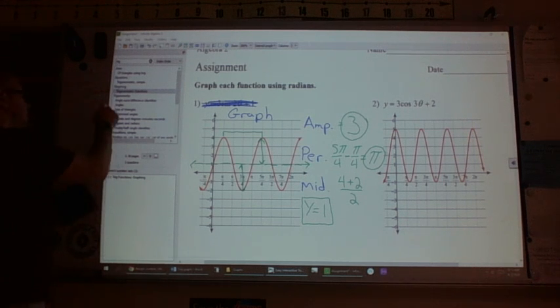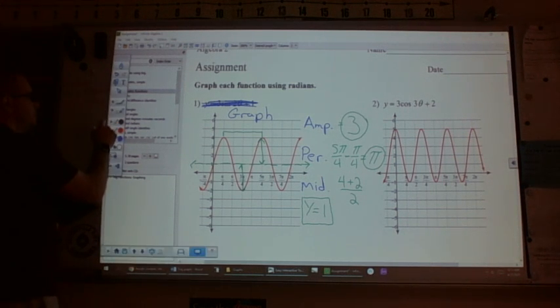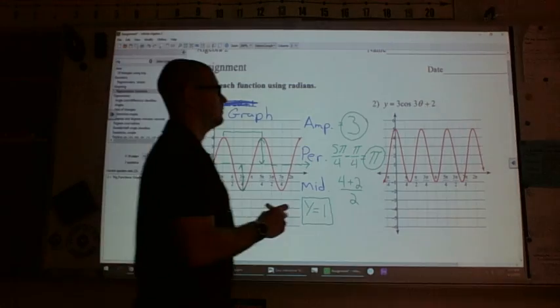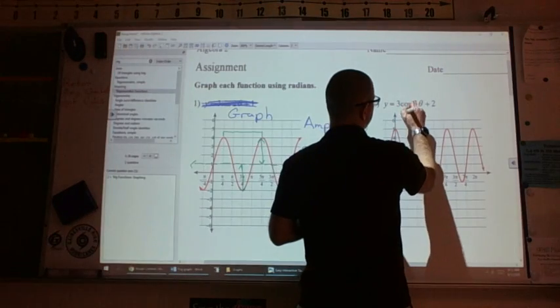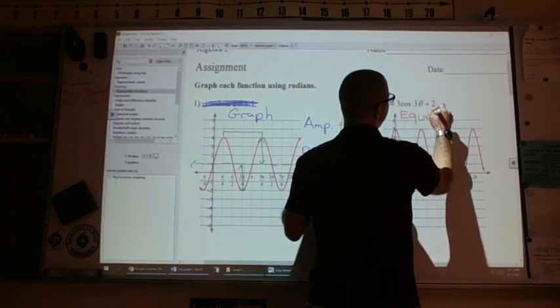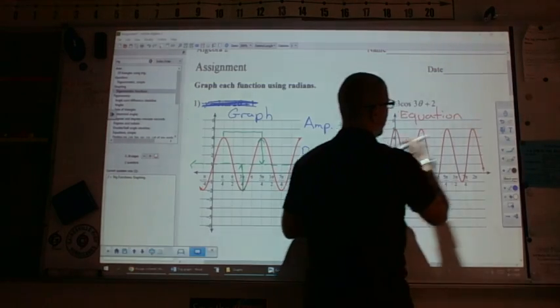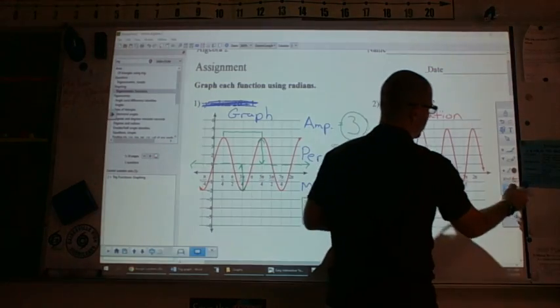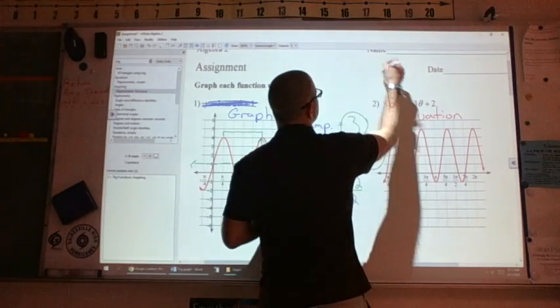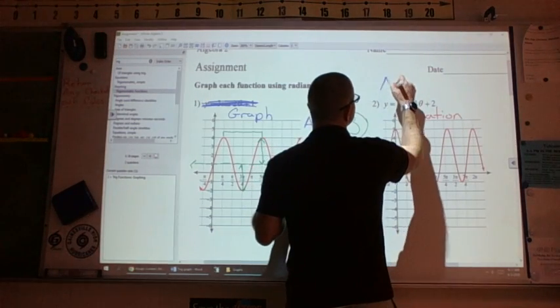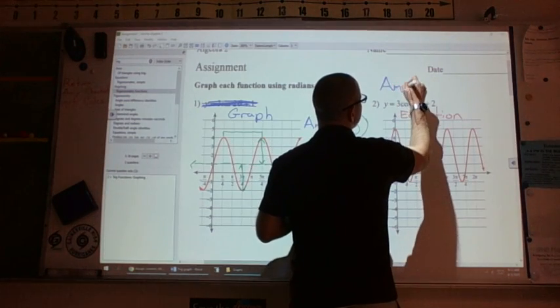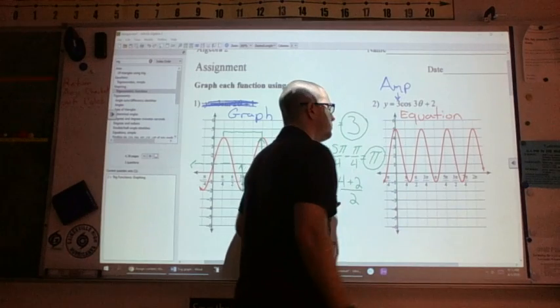For number 2, I'm going to use the equation. So I actually don't need the graph at all, but we'll leave it up there. So number 2, the amplitude is 3.